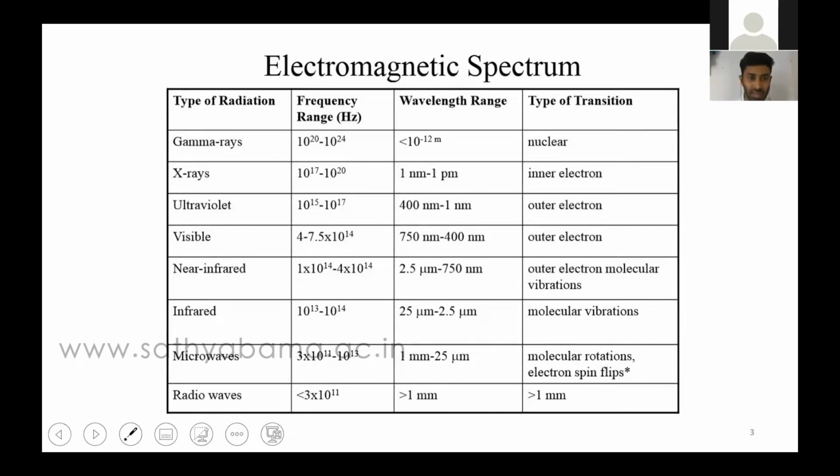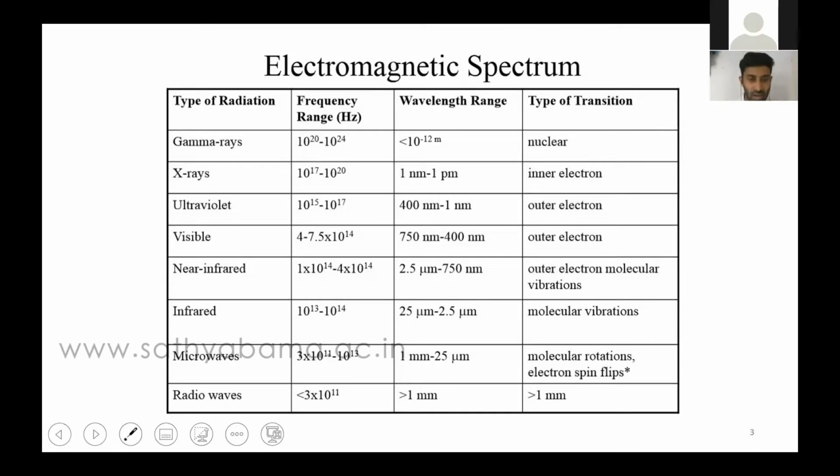For example, X-rays and gamma rays, when they pass through an object, cause nuclear and electronic transitions. If you take radio waves, because they are low intensity radiation, they do not cause any type of electronic transition, but just make the molecule vibrate.